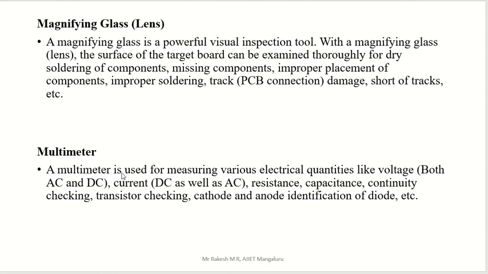A multimeter is used for measuring various electrical quantities like voltage, current, resistance, capacitance, continuity checking, transistor checking, cathode and anode identification of a diode, etc. These are the things we can do with a multimeter. You know the multimeter, and while rotating it, if you keep your multimeter in voltage, then you can measure voltage. If you keep it in current, we can measure current in amperes.